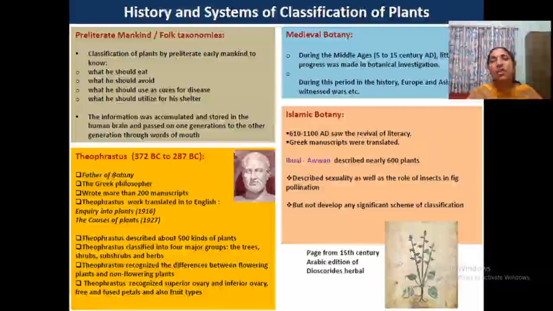Dioscorides is a group of plants, in Malayalam you can call it the Kachil group. He described about 600 plants. So this is just an outline of history. Not only this, there are so many taxonomists who worked till this 2020.